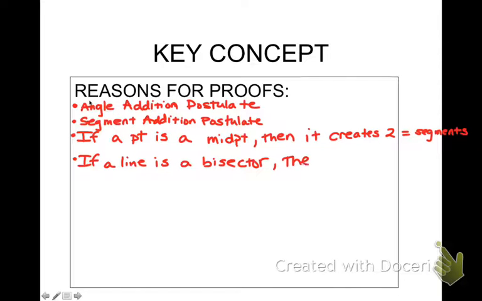So then it creates two equal segments, and then I'm going to put a slash and write angles, because depending on if it's an angle or a segment being bisected is what you're going to put here. If I had an angle being bisected, then it would create two equal angles. If it was a line or segment being bisected, then it would create two equal segments. Does that make sense? Depending on what you're talking about, you're going to use the appropriate context.